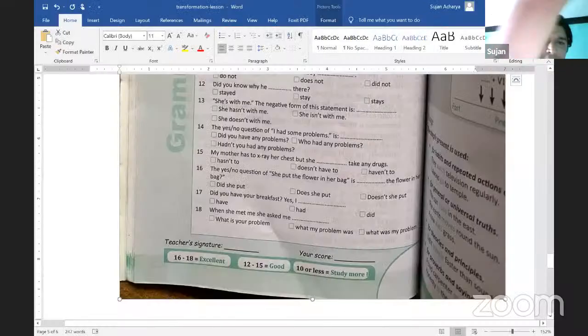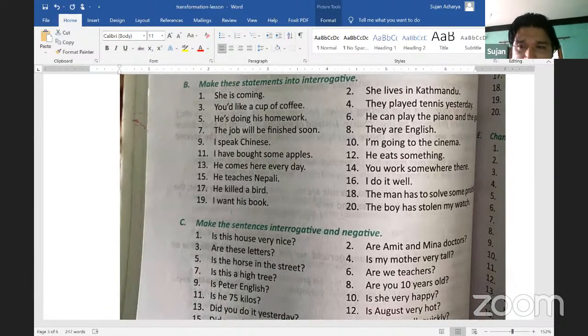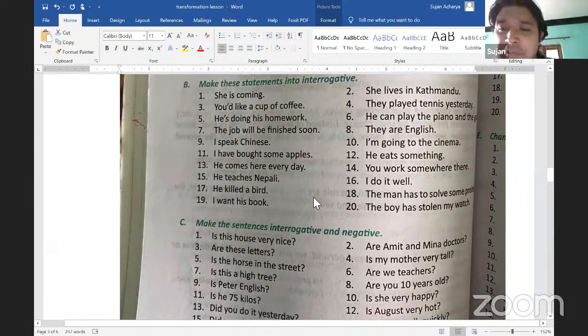Now here are the questions that I have prepared. In this file, below the lesson we did earlier, here are the questions and these photos. These photos are unedited. I got them in this Word file. I will convert this Word file into PDF.